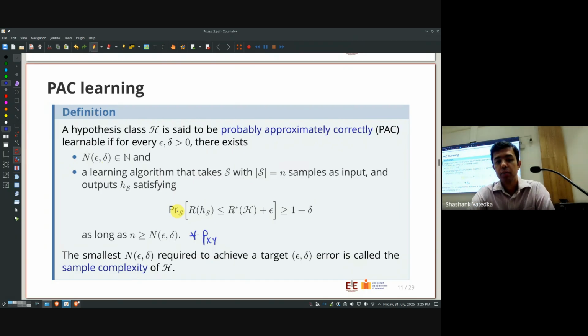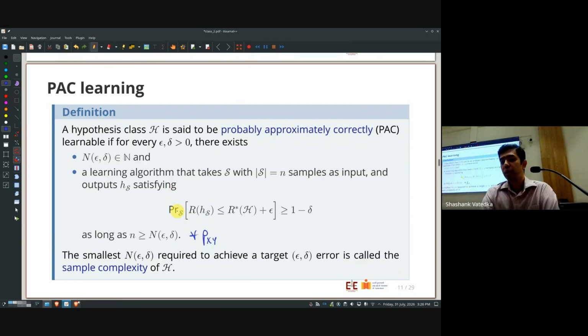All right. Any questions related to this particular definition? Okay, so just to understand why this sample complexity could be small or large, let's take one particular example, say the set of all polynomials. Yes, epsilon and delta values are defined by the user or whoever is training. Let's say that this is the target epsilon and delta error that you want to achieve. But this is a definition.